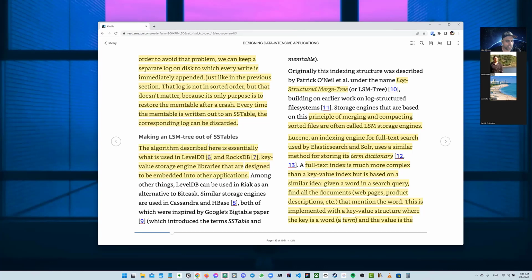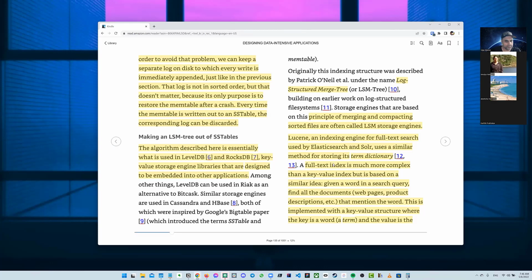Beyond that is the LSM tree, which stands for log-structured merge tree. This is essentially the algorithm we just talked about, and it is what makes LevelDB and RocksDB key-value storage engine libraries for other applications.